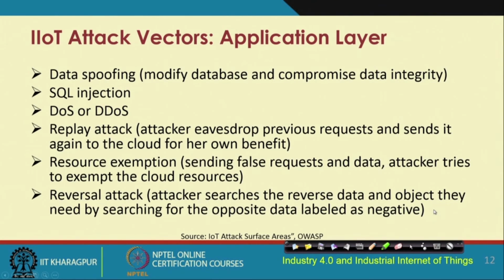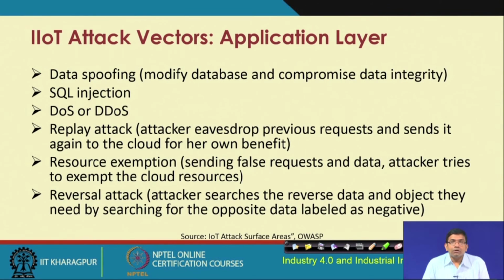So, at the application layer, these attack vectors could be a data spoofing attack, wherein the data resident in the database is modified and the integrity of the data is hurt, and so on. So, that is data spoofing attack.